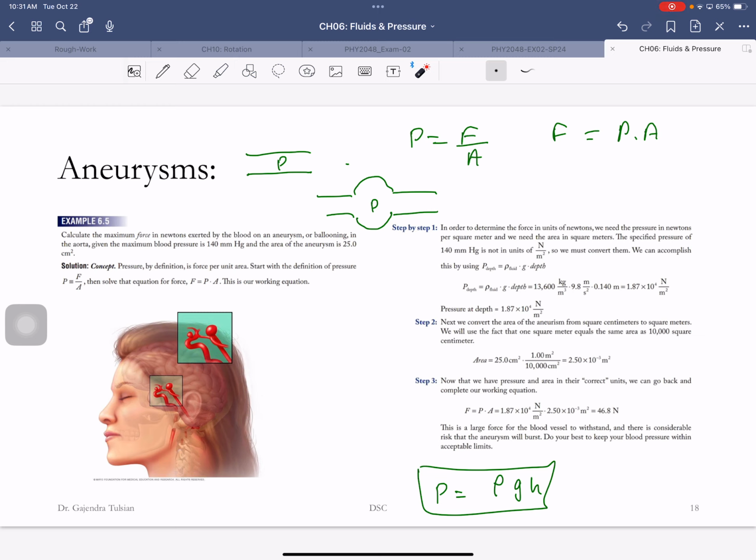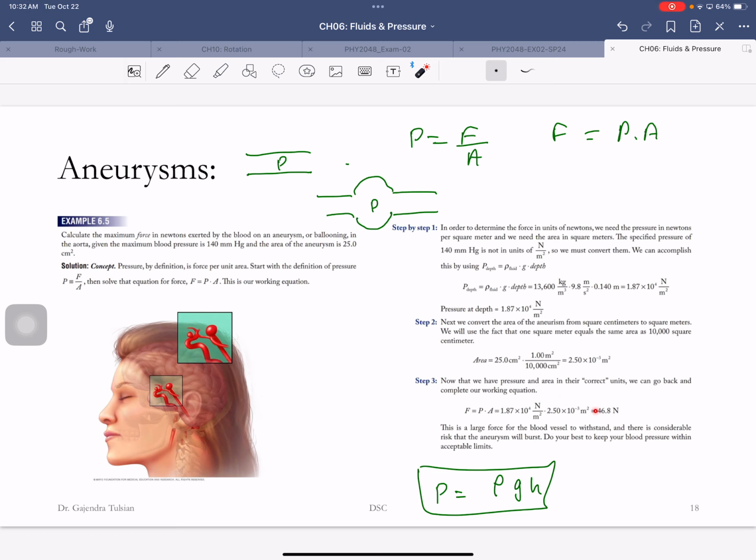So there's the pressure converted to newtons per meter squared, so it's converted to pascals. And this is the area. We are going to convert that to meter squared, which is that conversion. And so the force is pressure times area. There's the pressure times the area, and that's 50 newtons.